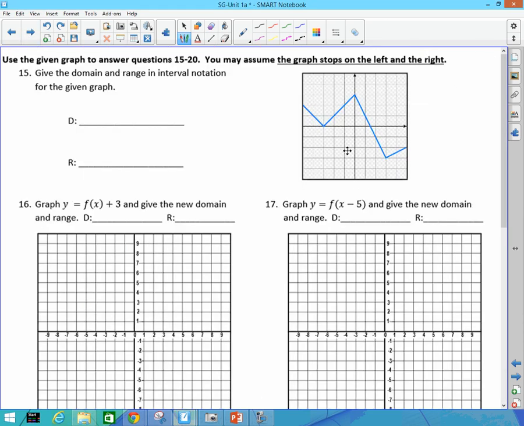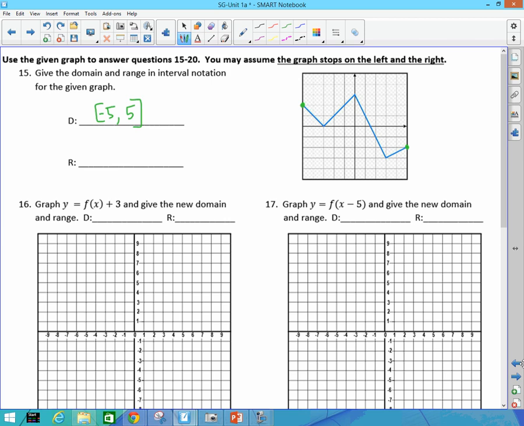Okay, this last one, again, I'll give you a graph that stops. Give the domain and range in interval notation. So knowing that it stops, your domain, you're trying to find the point farthest to the left, and that farthest to the left is -5. And farthest to the right is +5.